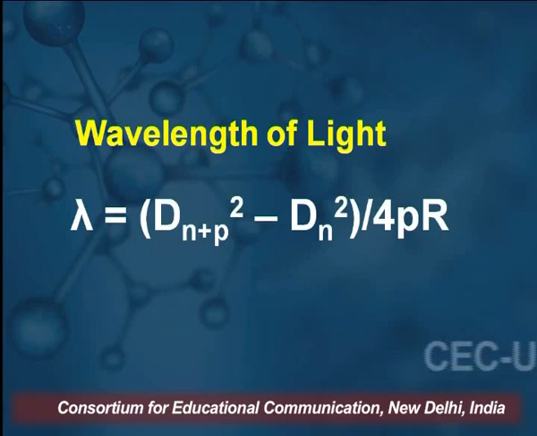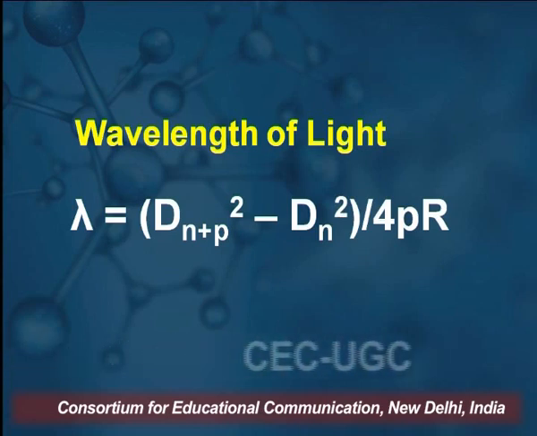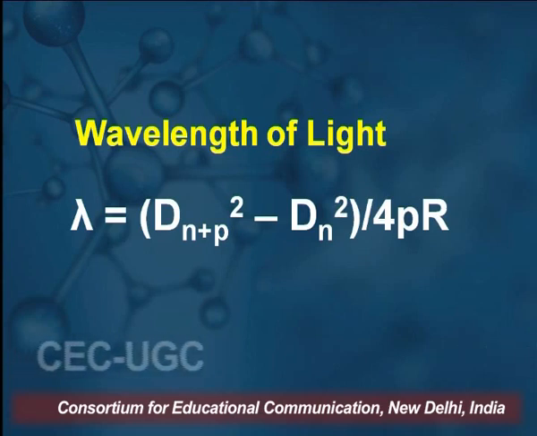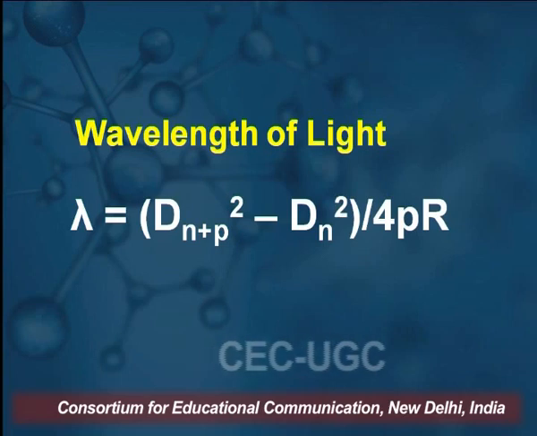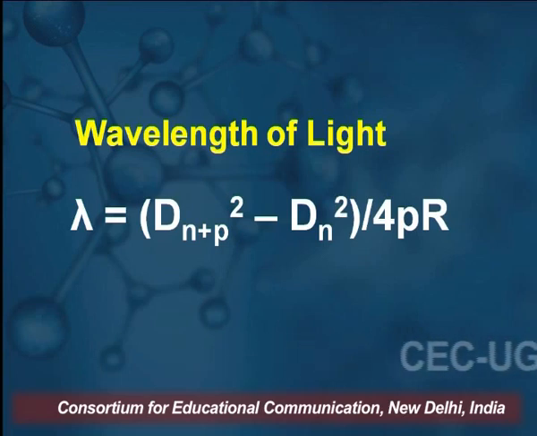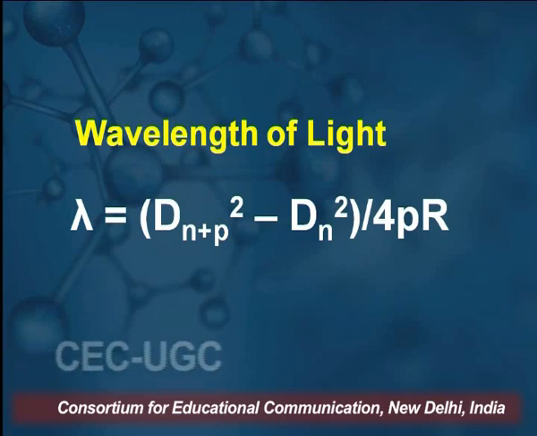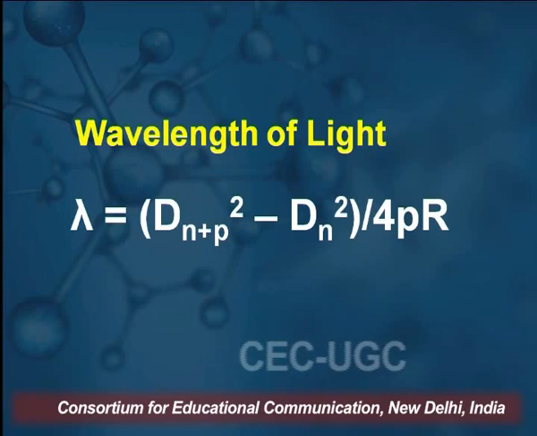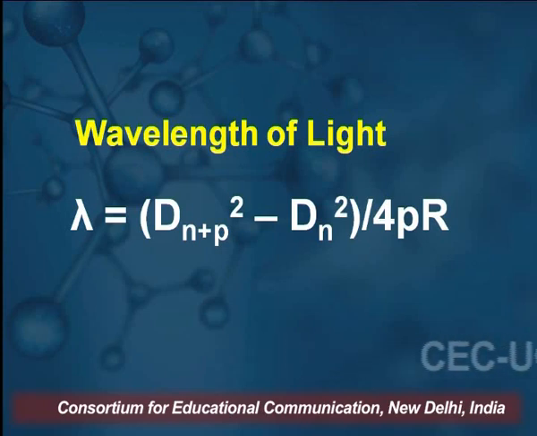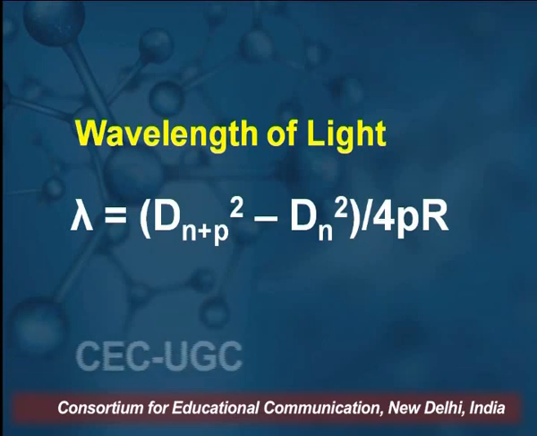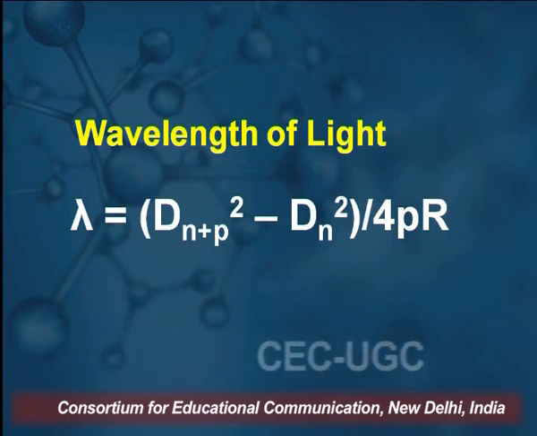Lambda, the wavelength of the light, is equal to the diameter of the n plus pth ring squared minus Dn square, the diameter of the nth ring, divided by 4pR, where p is the difference between the rings. Suppose we are taking D(n+p) as D5, the diameter of the fifth ring, so D5 square minus, and the n value is 3, then the fifth ring and the third ring we are considering.